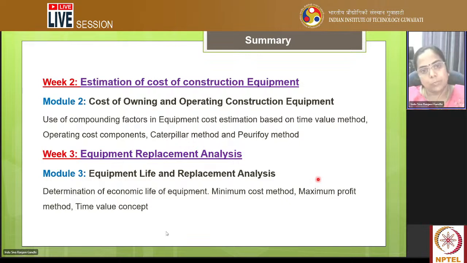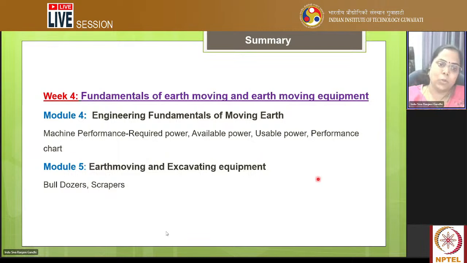Coming to week 4. Before we move on to the earth moving machines, I introduced you to the various fundamental terms related to earth moving operations, like required power and available power, and how to estimate the power needed for a machine to overcome all the resistances at your project site, like rolling resistance and grade resistance, so that it can move.